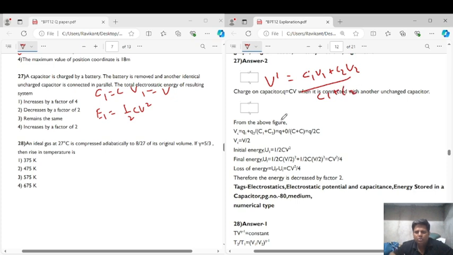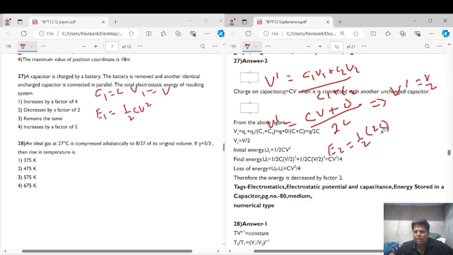Now putting the values, we get common potential V dash is equals to C1 is C, V1 is V, plus C2 is C, but V2 is 0, upon C1 plus C2 is 2 times of C. So from here we get that common potential of the combination V dash will be equals to V by 2. So energy E2 will be equals to half into 2C, because they are connected in parallel, into V by 2 whole square.